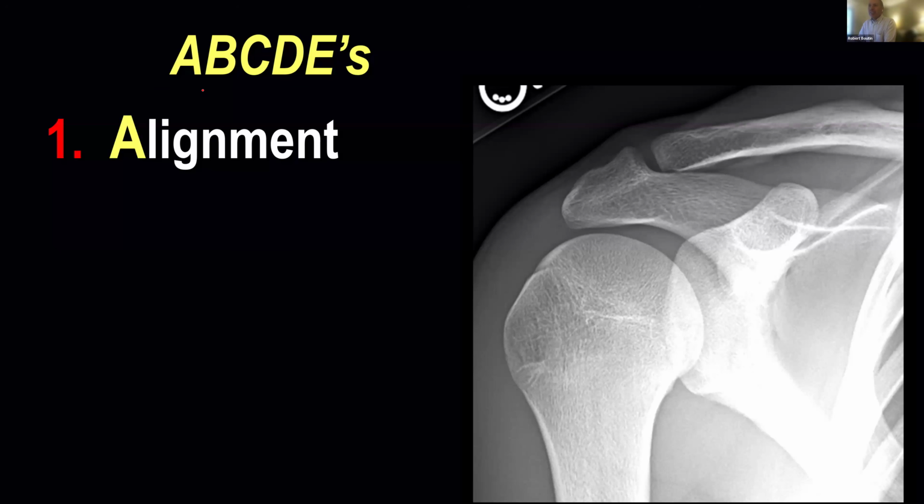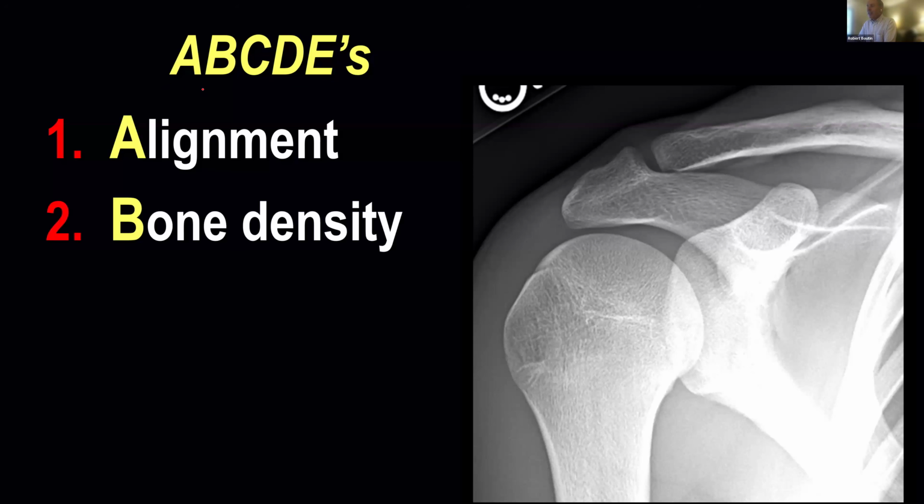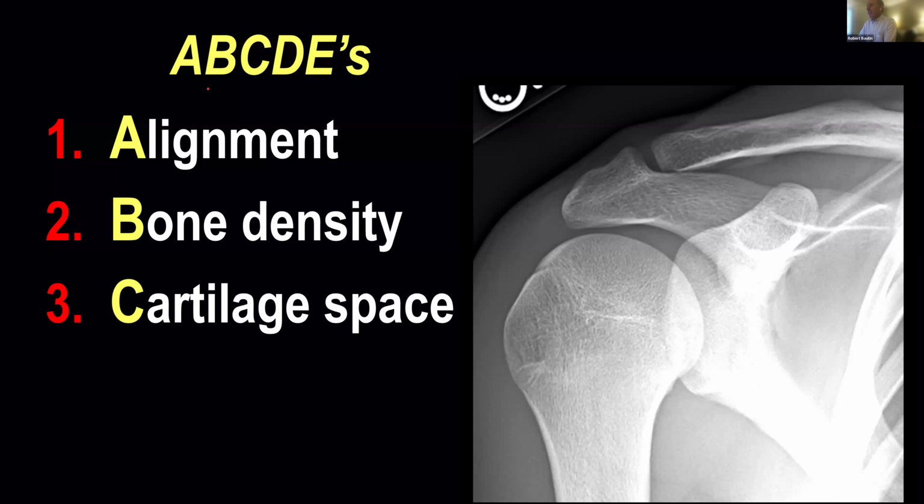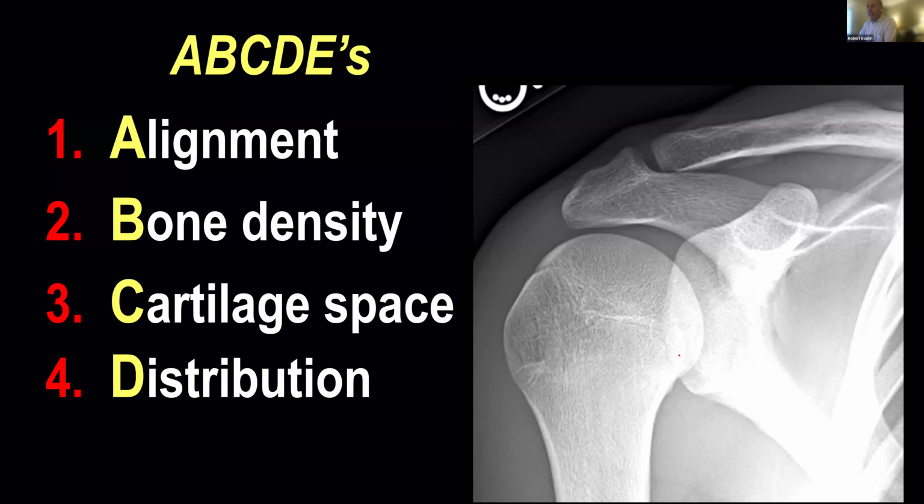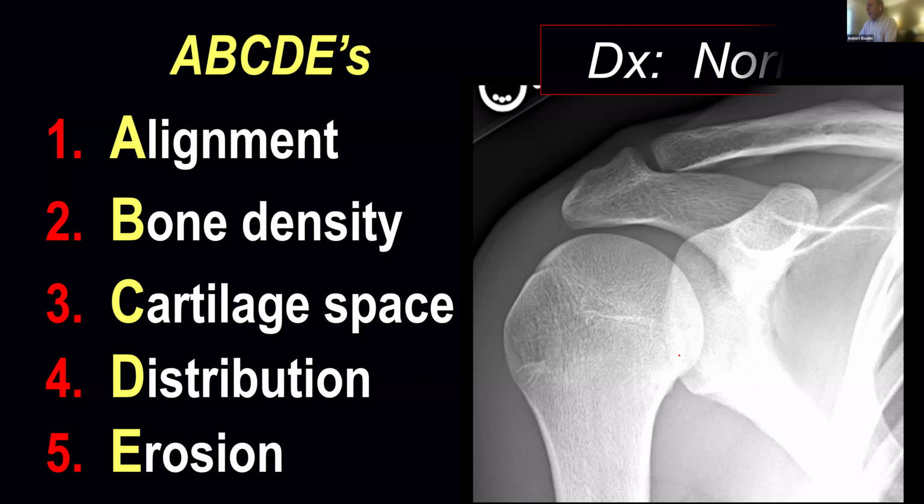That systematic approach is easily recalled as the ABCDEs: looking at alignment, so no subluxation or dislocation; looking at bone density, not too dense, not too demineralized; looking at the cartilage or joint space for any joint space narrowing; of course looking at the distribution of any abnormalities; and looking for any erosion or osteophytes that might point you in the right direction. And then the S at the end for looking at the soft tissues.